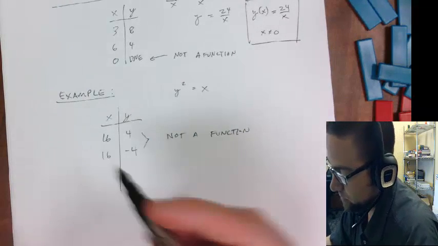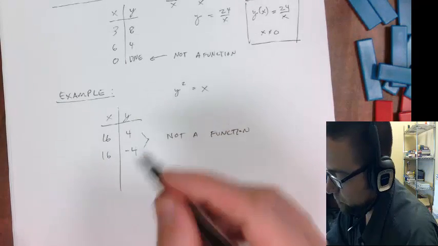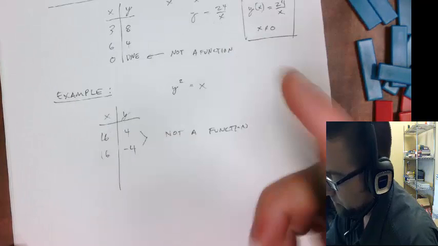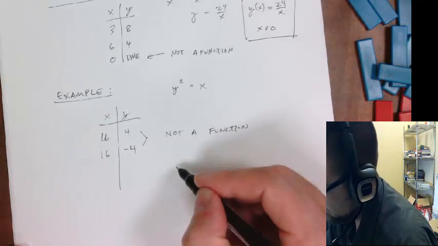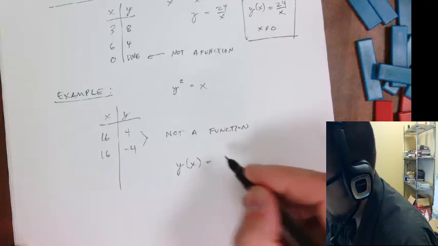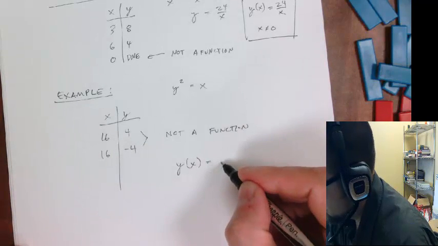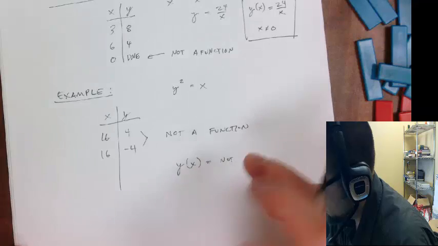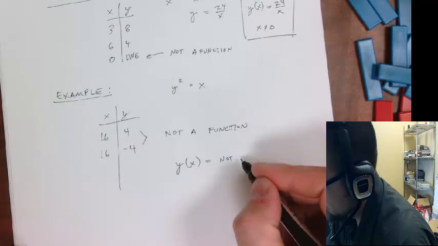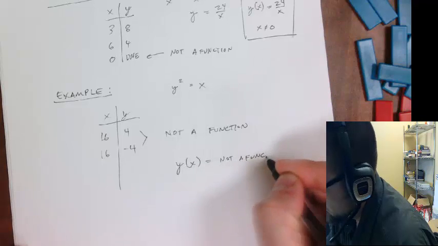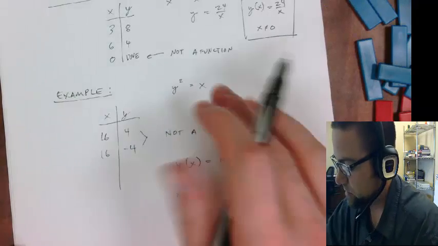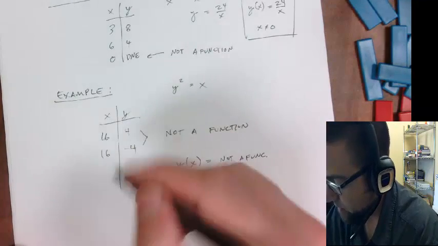But if I looked at it the other way, if I put y as the variable that I'm plugging in for, then y of x is not a function. I plug in a value for x, and I could get two different solutions. But if I had x as a function of y, so x, and then I plug in my y value.